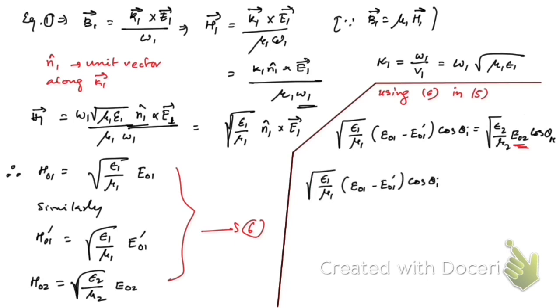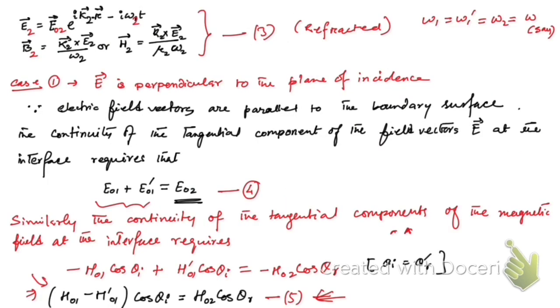Here we're going to get this left hand side, and on the right hand side we're going to have root over epsilon 2 by mu 2. So instead of E02, we're going to use this equation number 1. We're going to write this E101 dash. So let me copy this.